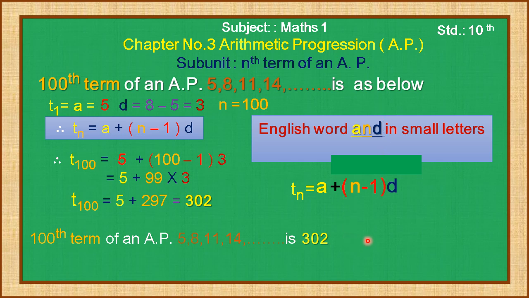You will get the formula Tn equals A plus (N minus 1) into D using the English word AND.